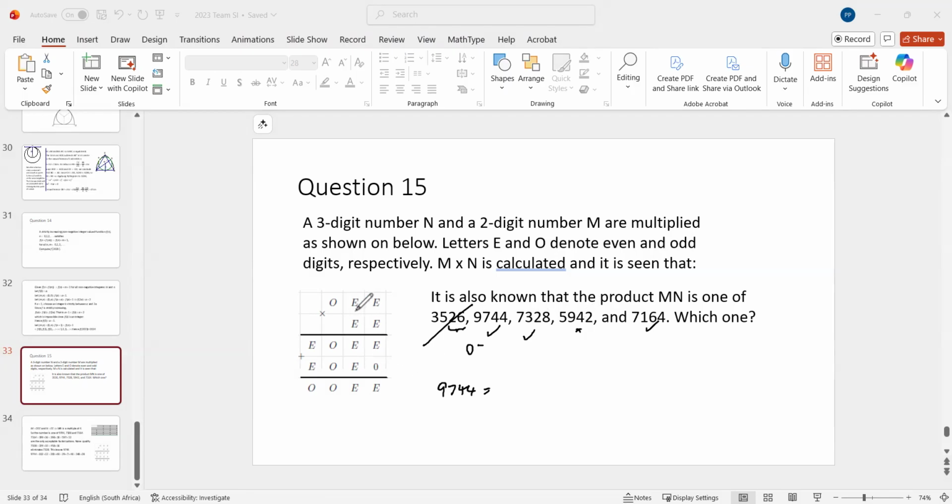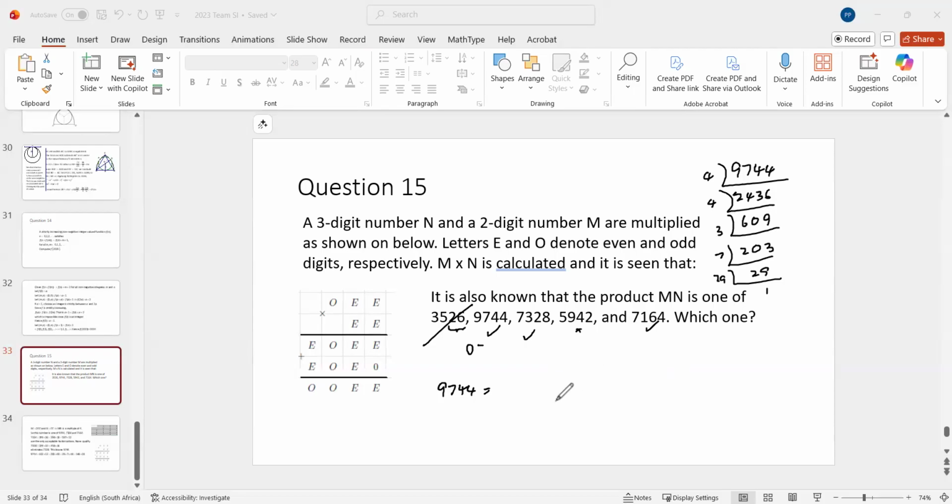Now, I need to find out whether this thing is a product of two numbers like this. 9744, you have to factorize this thing. I can see 4 goes into this, so you got 2436. 4 goes into this also, 609. 3 goes into this, 203. 203 is 7 times 29.